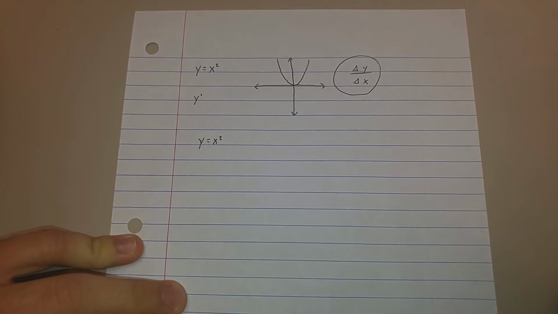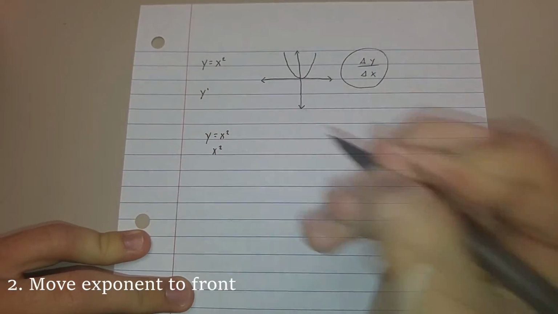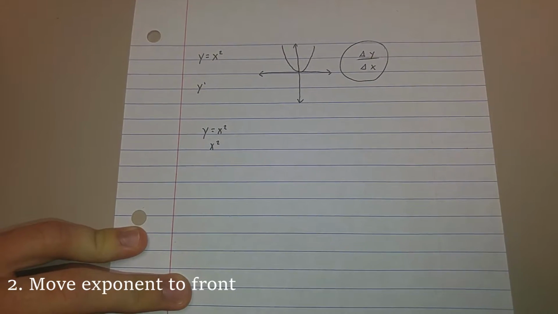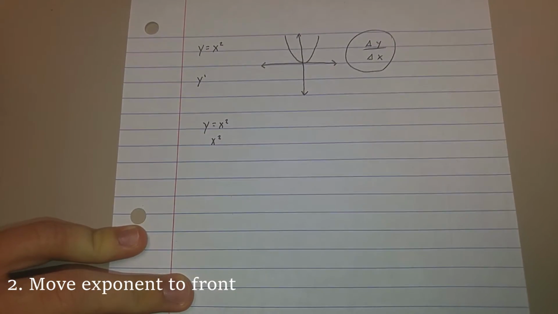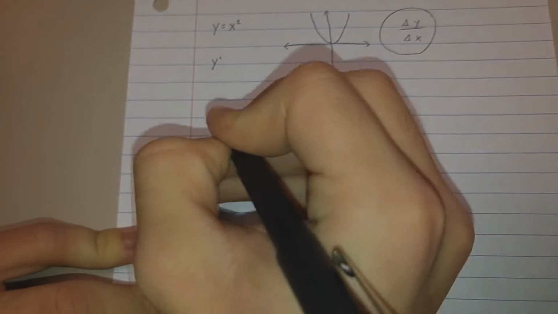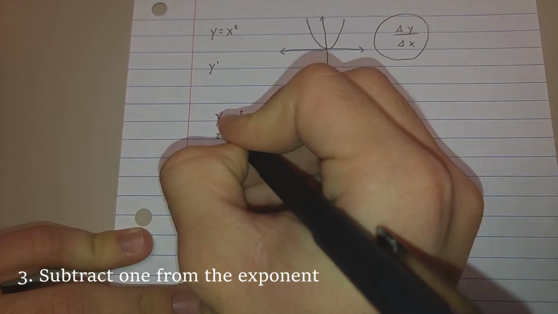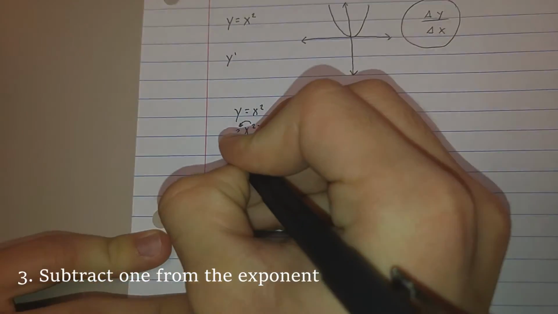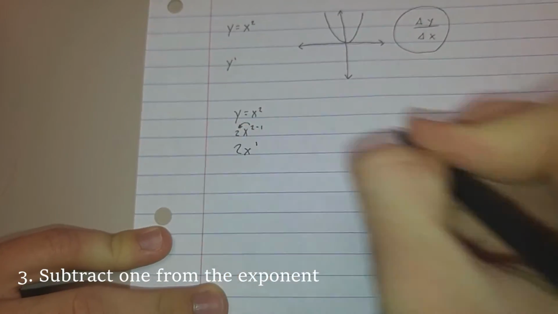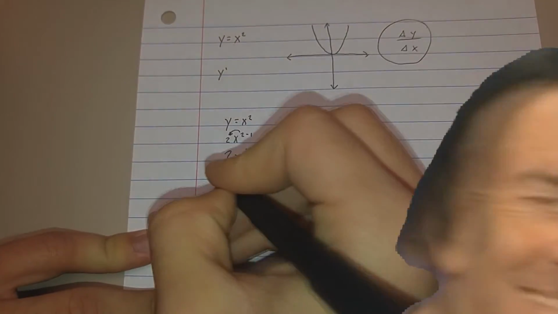We take the x squared, and we take whatever it's raised to, the exponent of the variable we're trying to find the derivative of, in this case x, and we move it to the front. So it becomes 2x. Then we subtract 1 from the exponent. So that leaves us with 2x raised to the 1, which is just 2x. So we know the derivative now: y prime equals 2x.